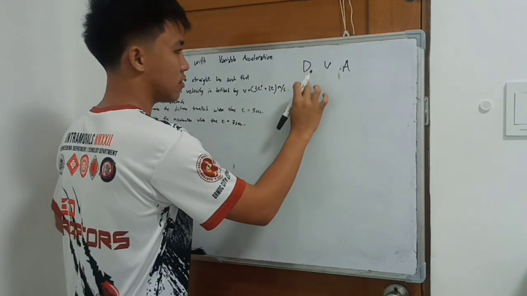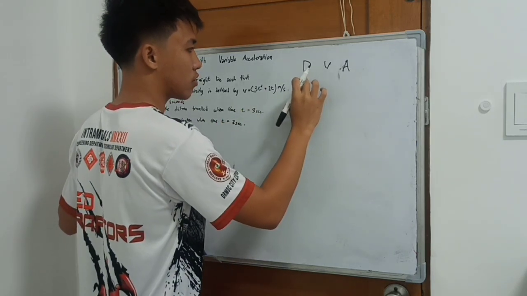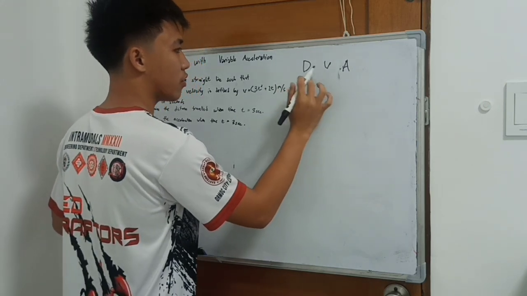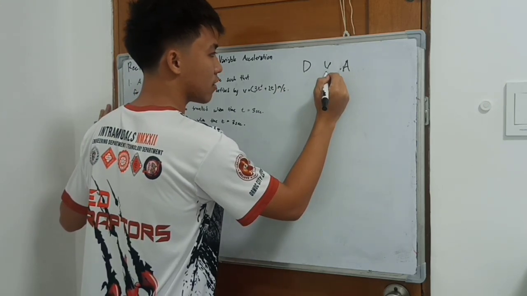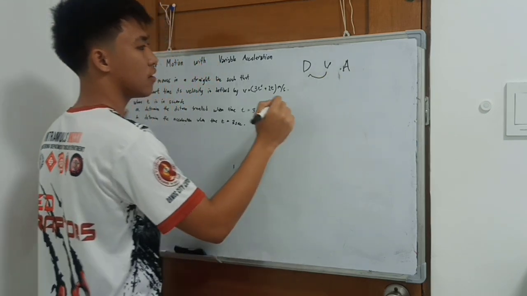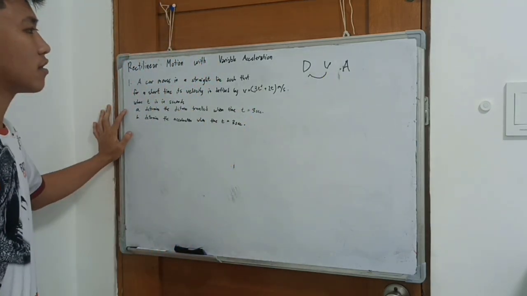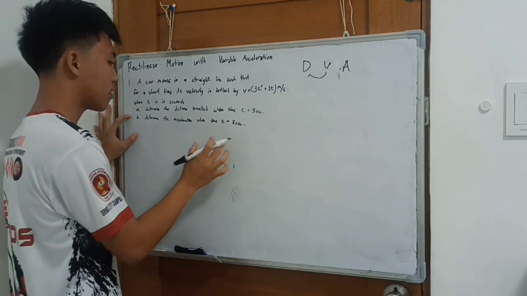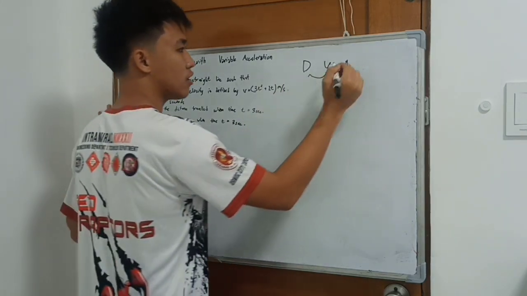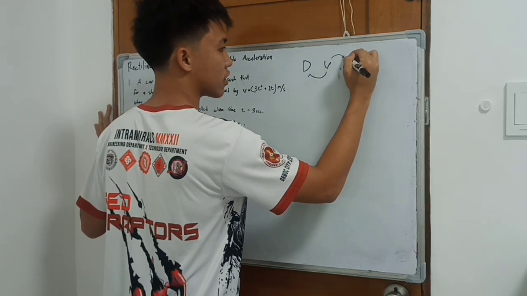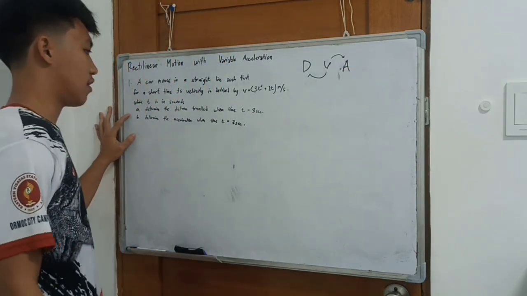So to get the distance, we need to integrate the velocity, and to get the acceleration, we need to derive the function.